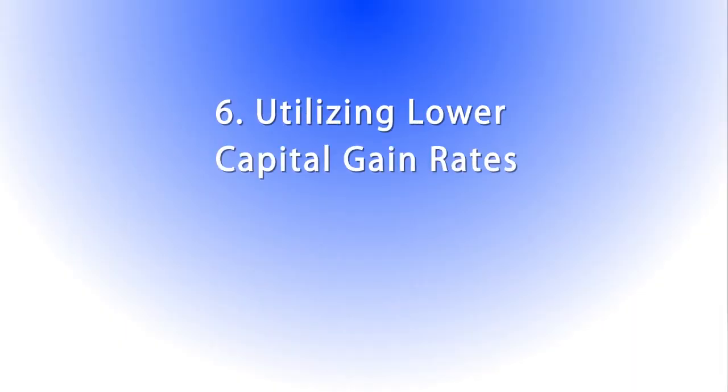Number 6, utilize lower capital gain rates. Taking advantage of lower capital gain rates can produce AMT implications in several situations, so be careful to consider the overall tax situation before taking any action. For example, the bargain element associated with the exercise of incentive stock options is subject to AMT.